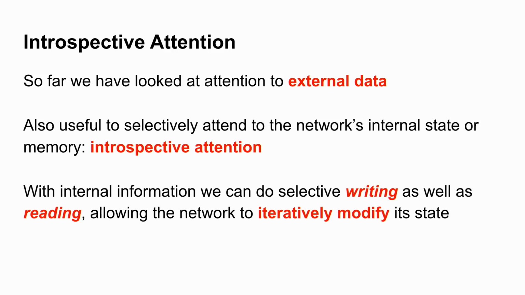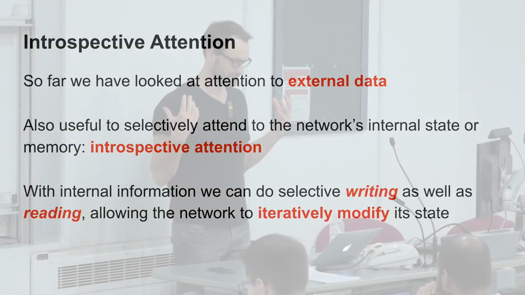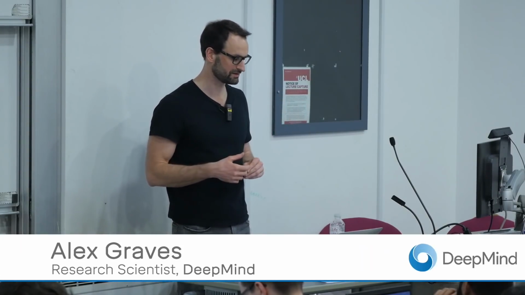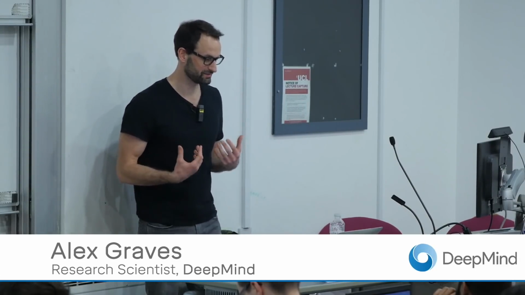But as I said at the start, attention doesn't just allow us to pick and choose between things that we're looking at or things that we're listening to that are coming from outside. It also allows us to pursue one line of thought over another. It allows us to think about one thing and not another. And that's what I mean by introspective attention.